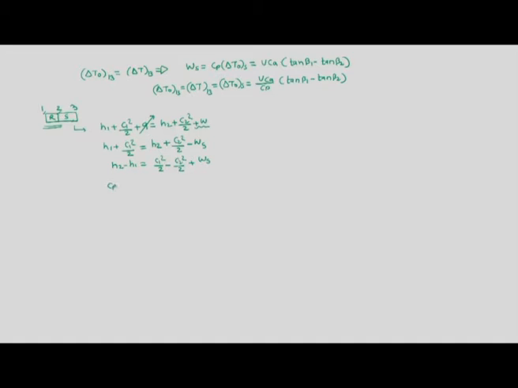So we have Cp into delta T 1 2 is equal to W stage plus half of C2 square minus C1 square. So this is the formula till now what we have got.